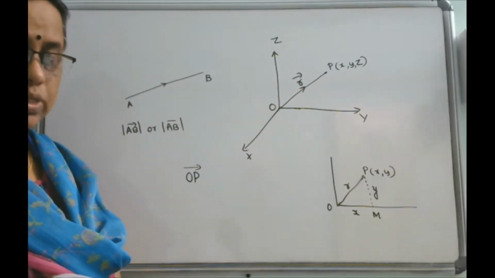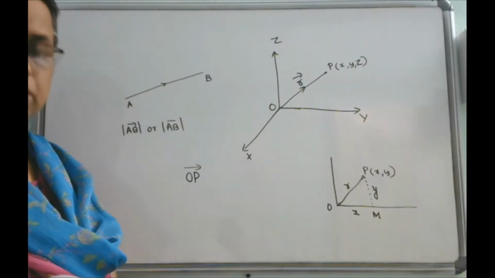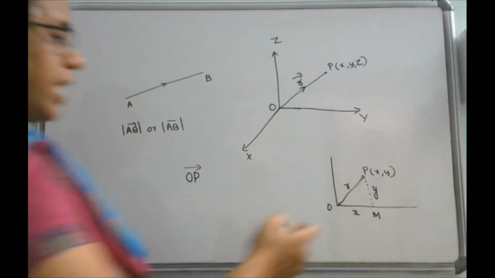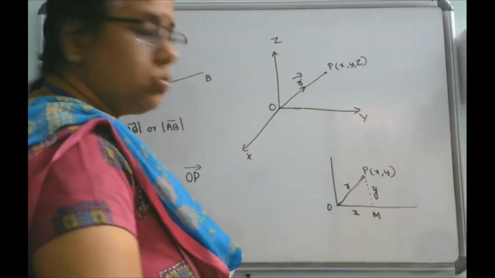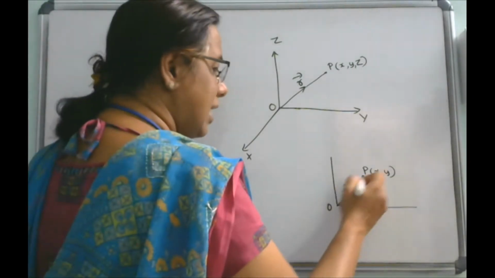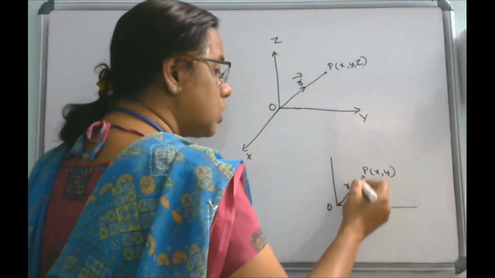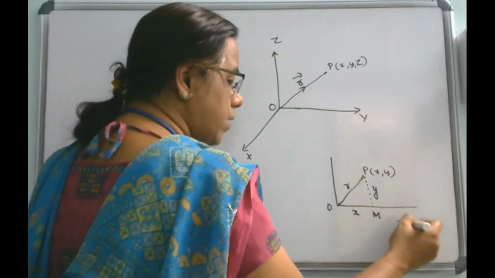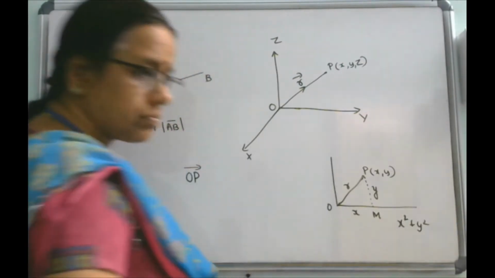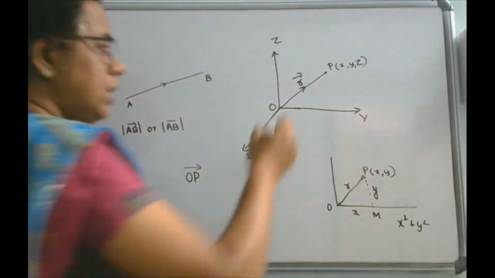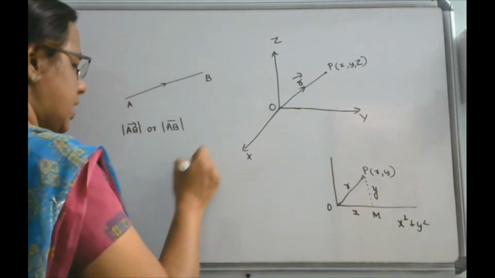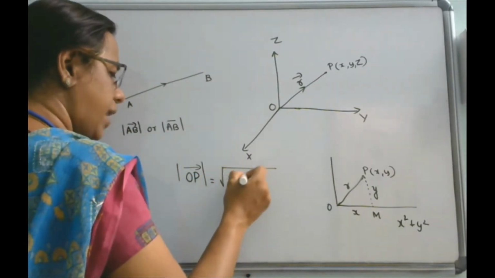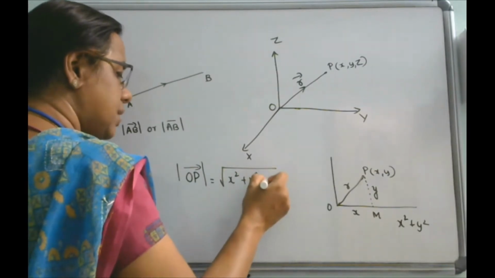And note the modulus of vector OP. So how will we find the modulus? In two-dimensional geometry, you know the length of OP is the square root of x square plus y square. We use the Pythagoras theorem. Similarly, the modulus of vector OP is equal to root of x square plus y square plus z square.